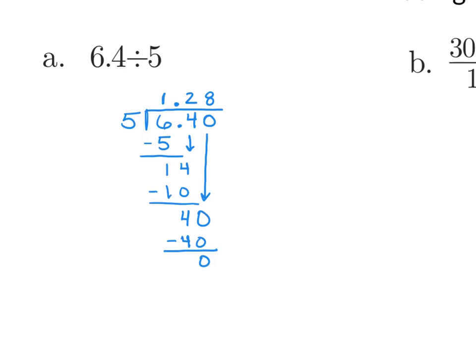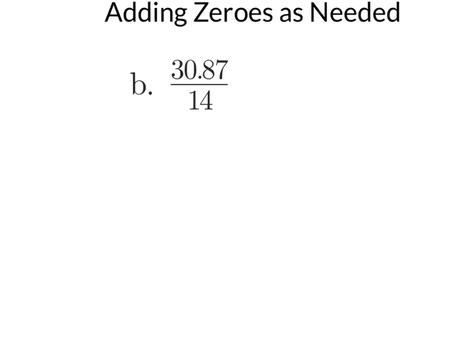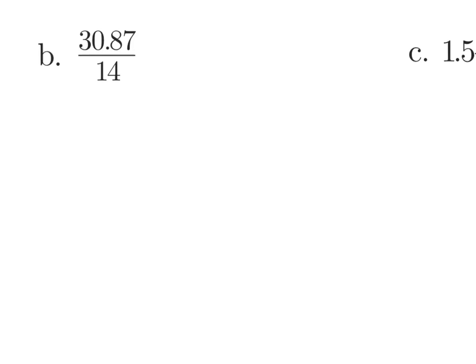Okay, let's try a couple more. Let's try 30.87 divided by 14. So my inside number is going to be the 30.87. My outside number will be the 14.